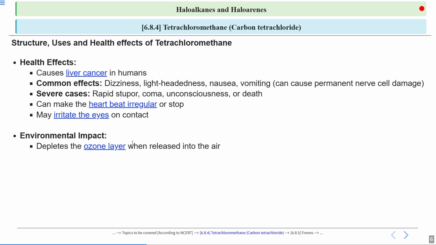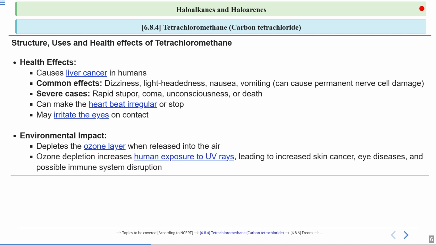This layer protects the earth and us from coming in contact with ultraviolet rays, which are so harmful and can cause skin cancer or skin damage. So if carbon tetrachloride is released into the air, it can deplete the ozone layer.